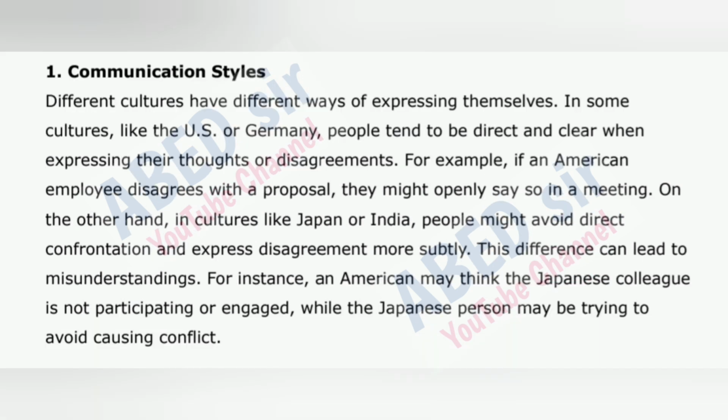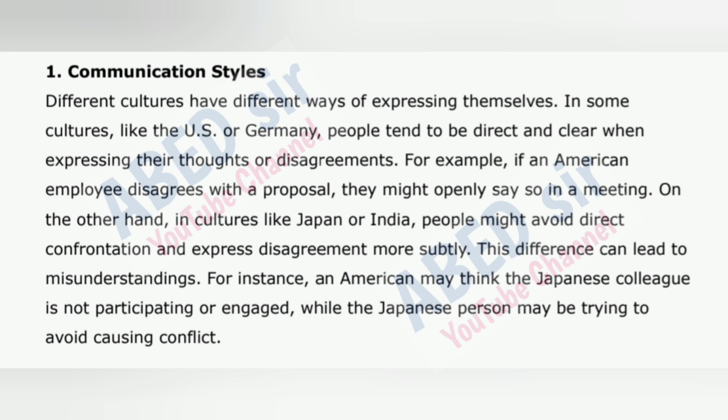1. Communication styles. Different cultures have different ways of expressing themselves. In some cultures, like the US or Germany, people tend to be direct and clear when expressing their thoughts or disagreements. For example, if an American employee disagrees with a proposal, they might openly say so in a meeting.